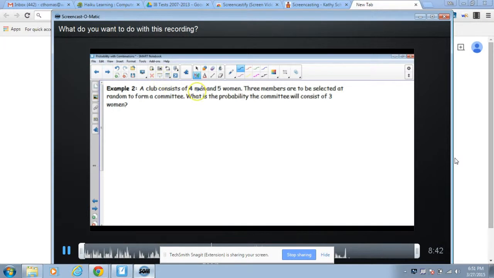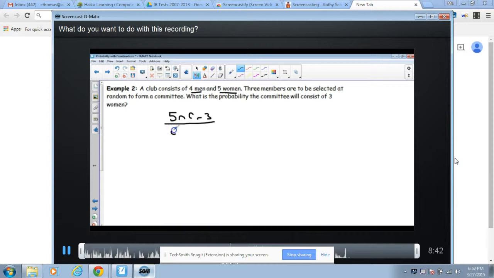Okay, the next one, there's a club with 4 men and 5 women, 3 members are getting selected, and what is the probability that it consists of 3 women? So in the numerator, you want to choose 3 women out of 5. That's the combination for 3 women getting chosen, over the total number of possibilities for all of the candidates.